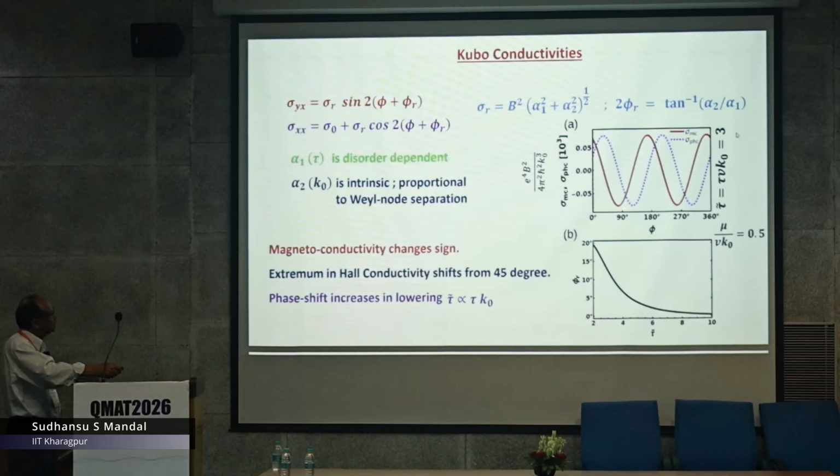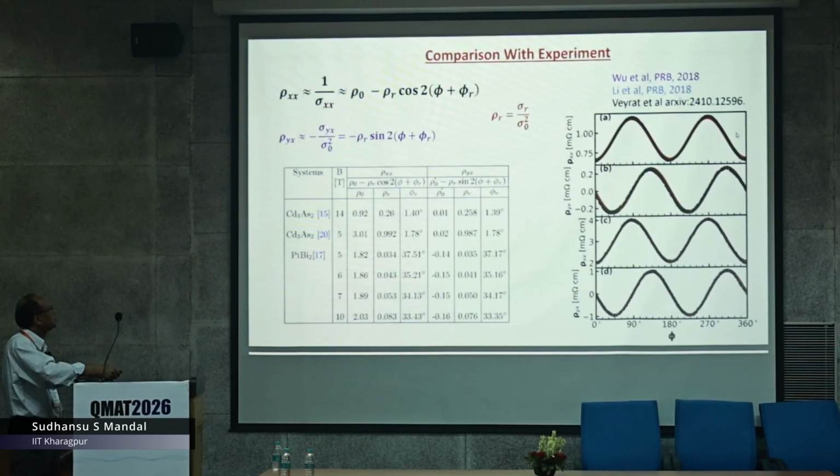That phi r depends on this parameter tau tilde, which is proportional to the relaxation time tau, and K0, which is the Weyl node separation. So if you take that, the variations of phi r is like that. There is a variation of phase difference depending on the disorder and Weyl separation scale.